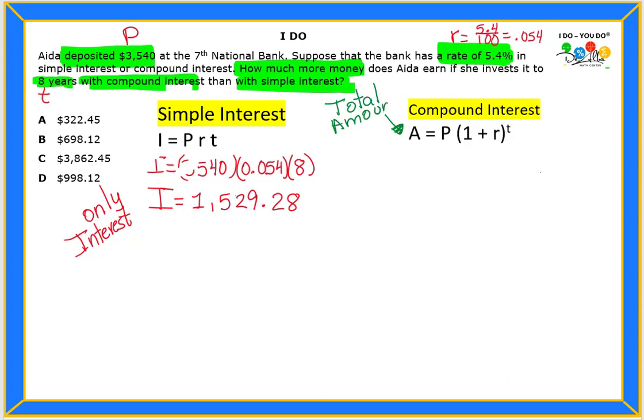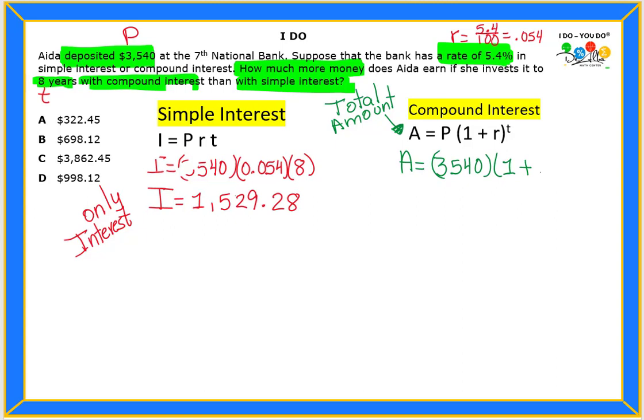Okay? So total amount means how much money would you have in the bank after that many years. So the principal is still the same, 3,540, right? I put parentheses, you don't need it, but since we're going to be inputting everything on the calculator, I'd rather have parentheses. And the one, you still leave it there.